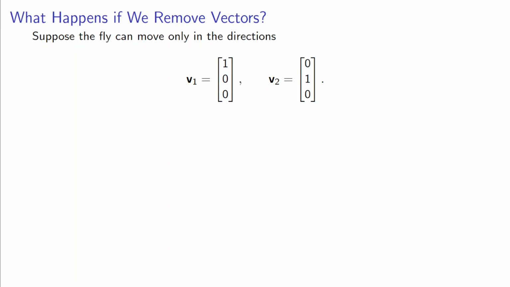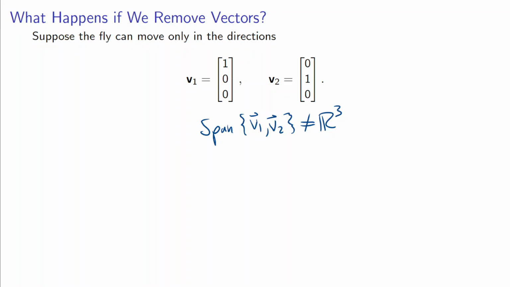We're stuck on just the xy plane. We can't get any of those z coordinates. So in linear algebra terms, we would say that the span of v1, v2 does not equal R3. So although we have linear independence here, we don't have spanning.